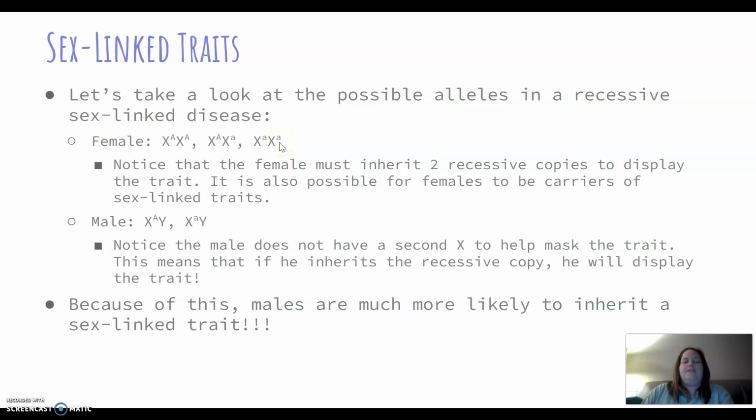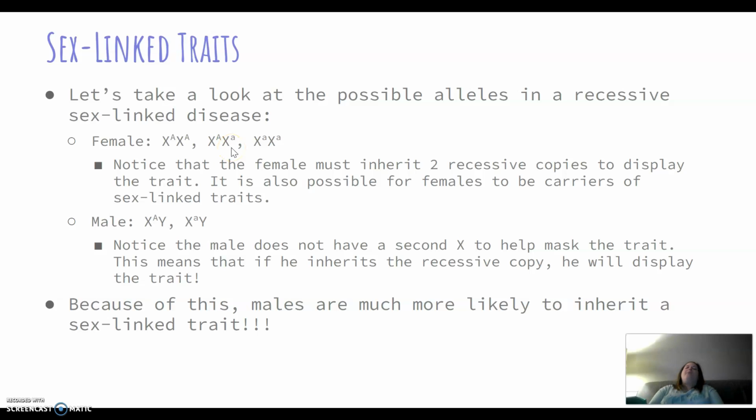The female must inherit two recessive copies to display the trait. So that would have to be this, X little a, X little a. It is also possible for females to be carriers of the sex-linked trait. So that means that this female who is heterozygous is carrying that recessive trait right there. She has the X little a.